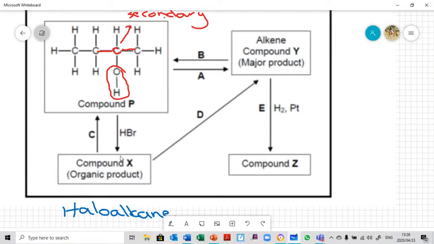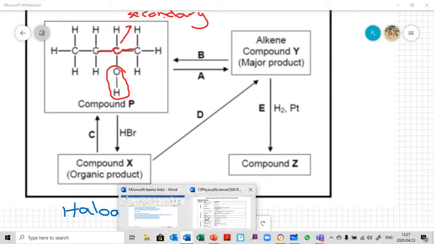So now I have to go back and I see that compound X is formed when an alcohol reacts with hydrobromic acid or hydrogen bromide. Okay, now because there's that Br, I am going to assume, which I know is dangerous, that the Br is going to replace the alcohol.